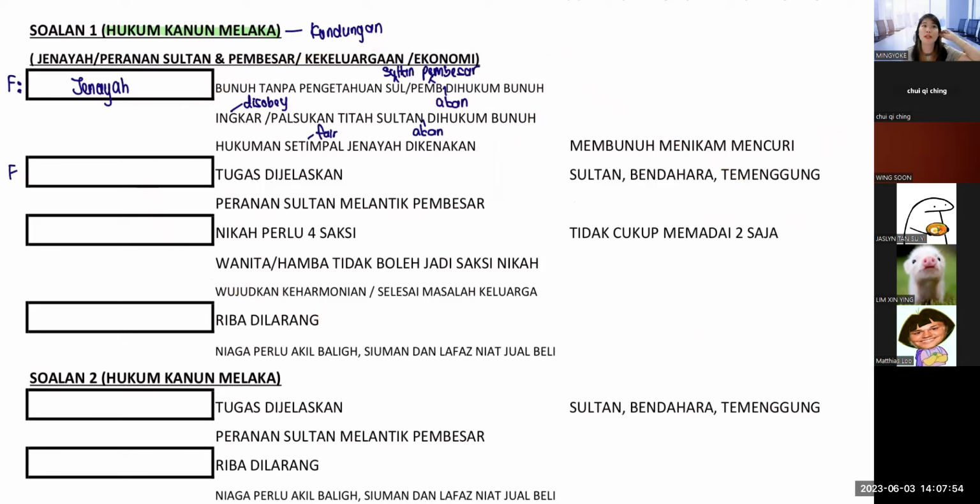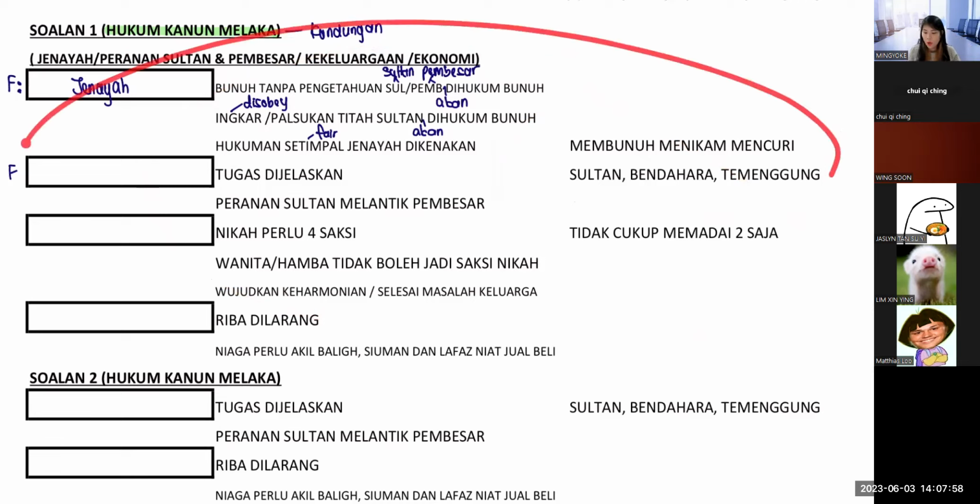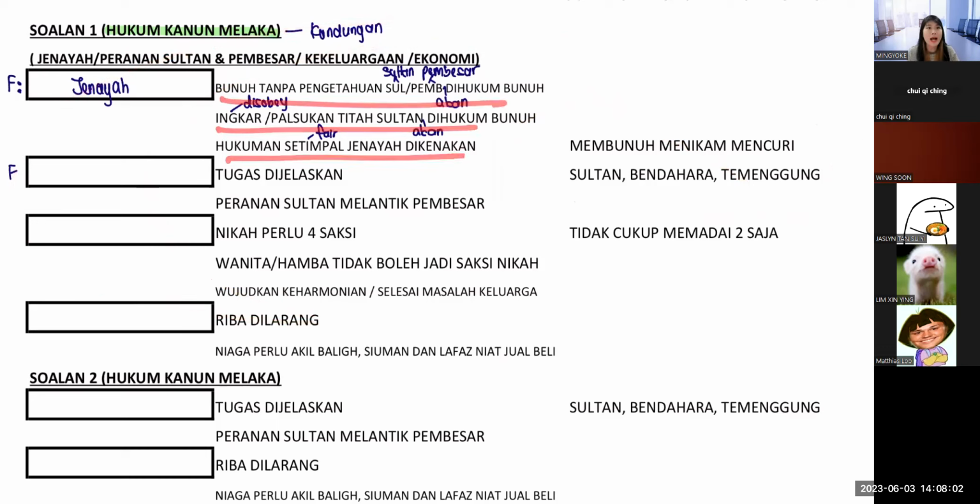That one is only objective. According to your structure, your huraian plus your contoh already have enough marks for 4 marks maximum. So no need to top up with the numbers, pasal 1, pasal 2, pasal 13, all those, no need. Okay?